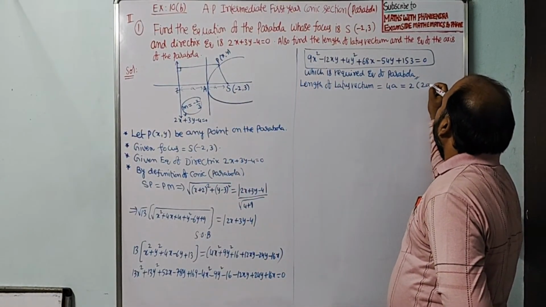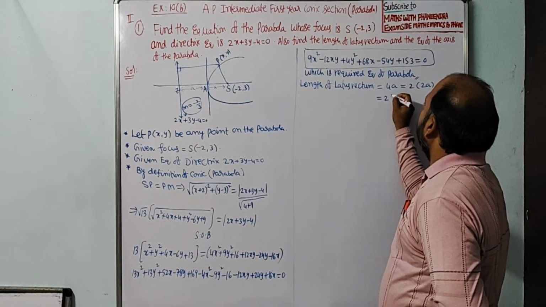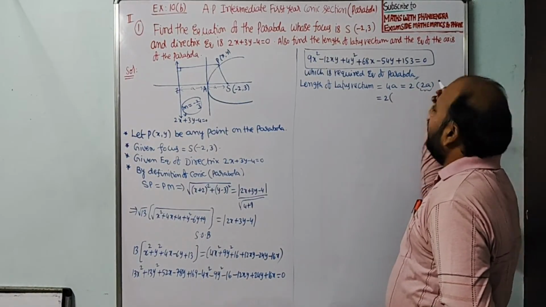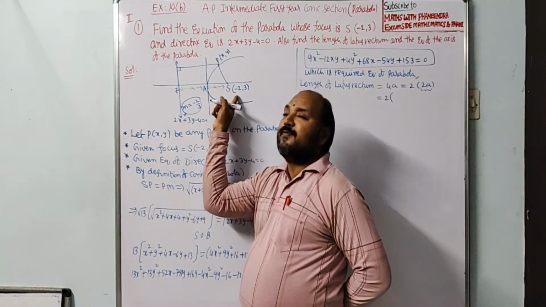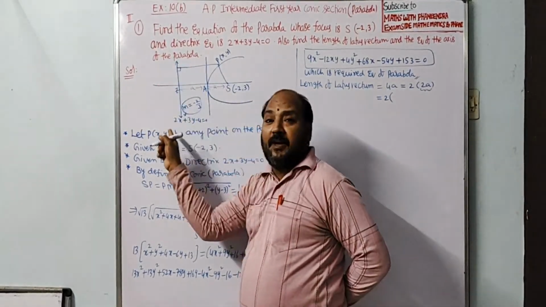4a is 2a into 2, which is equal to 2 times, in place of 2a, the perpendicular distance from focus to directrix.